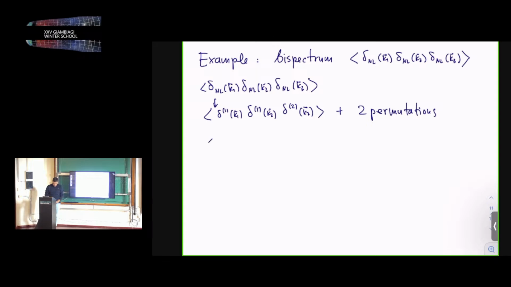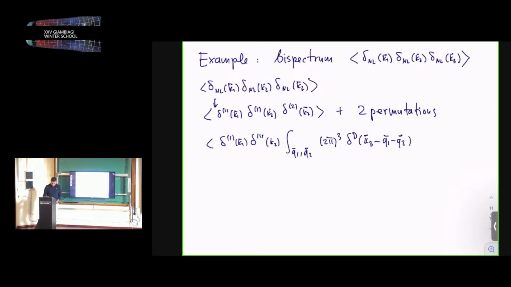basically write the following thing. I have to compute the expectation value of delta 1 of k1, delta 1 of k2. And then here, I have to plug in the expression for the second order solution. So remember, this expression was two integrals over two Fourier modes q1 and q2. There was the momentum conserving delta function of k3 minus q1 minus q2.